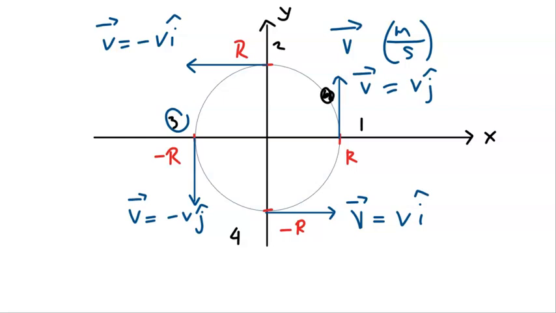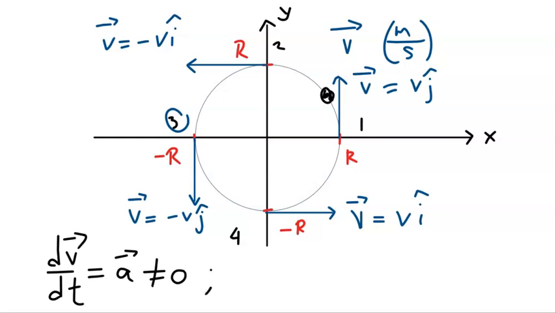So since velocity is changing, the rate of change of that velocity, which is acceleration, must be non-zero. So the question is, what is this acceleration in terms of magnitude and direction? This acceleration has a term. We call it the centripetal acceleration.